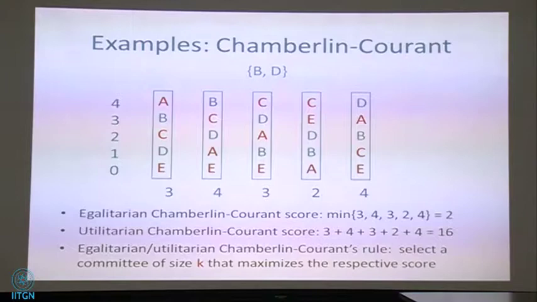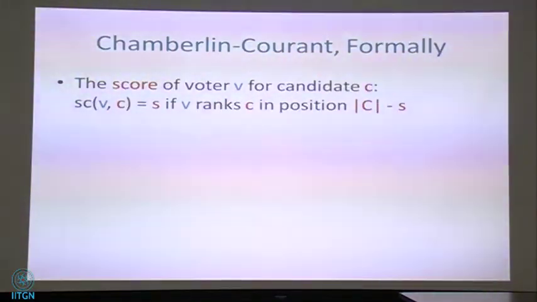If you want all that not in a picture but in a formal expression, let's do that. The score that a voter assigns to a candidate is s if the voter ranks that candidate in position m minus s. These are our regular Borda scores, that's how we always define them.